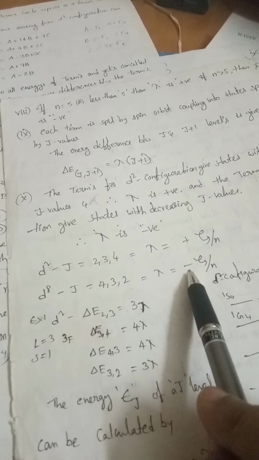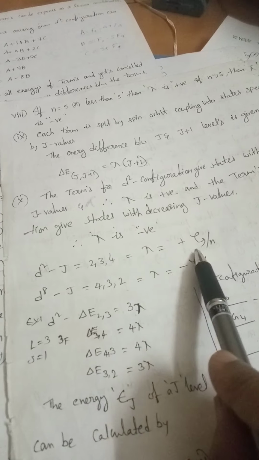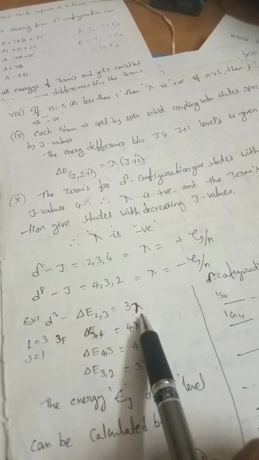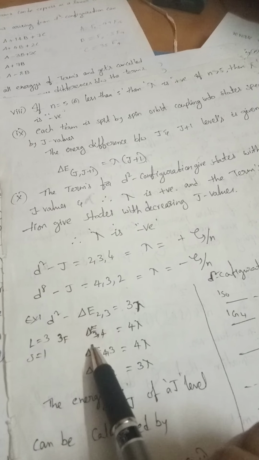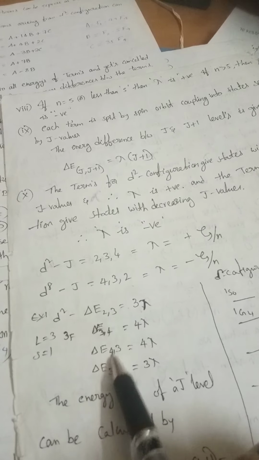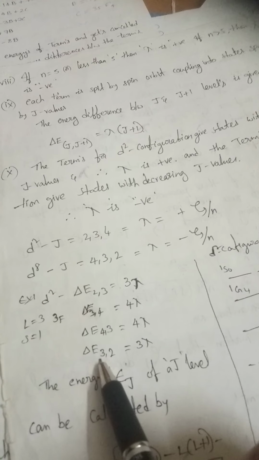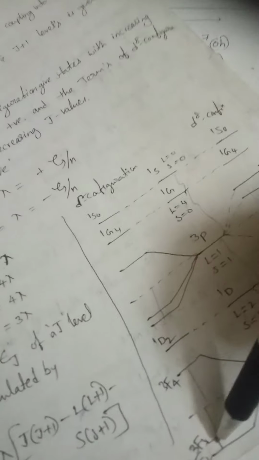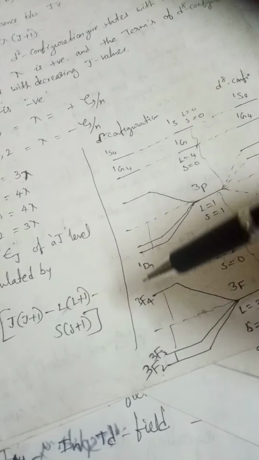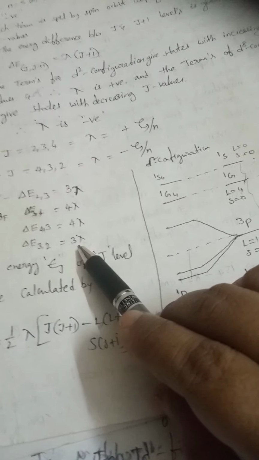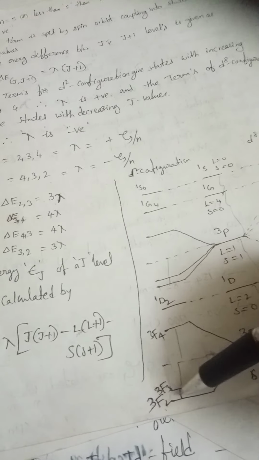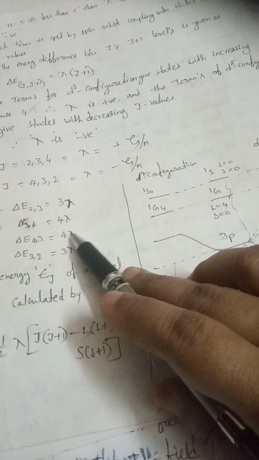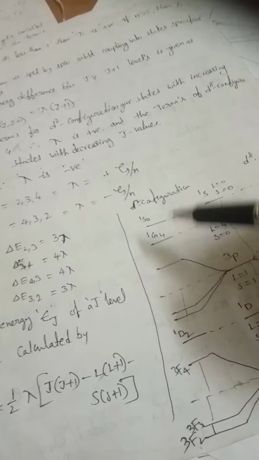For the d2 configuration, delta E between J 2 and 3 is 3 lambda, whereas between 3 and 4 it is 4 lambda, whereas for the d8 configuration it is like this.